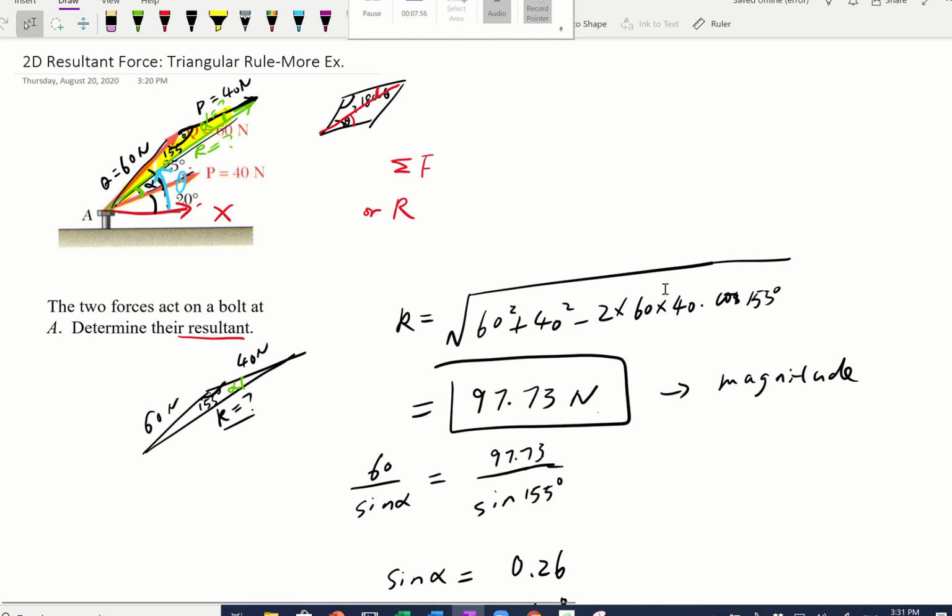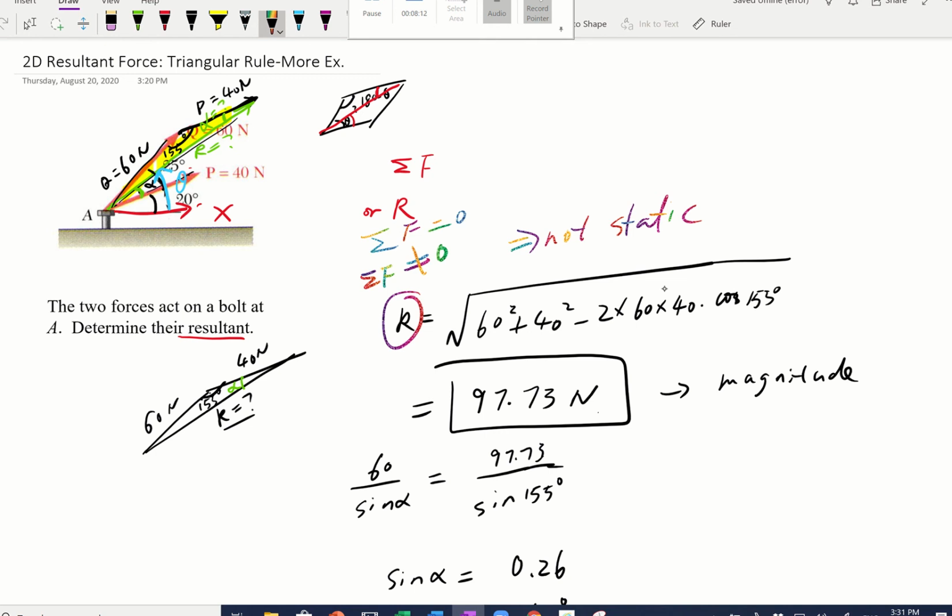Why? Because the summation of the forces here, the resultant, sigma F, is not equal to 0. When it's not equal to 0, it's not static. Only when the force is equal to 0 do we know this is static, not moving. All right, that's for this problem.